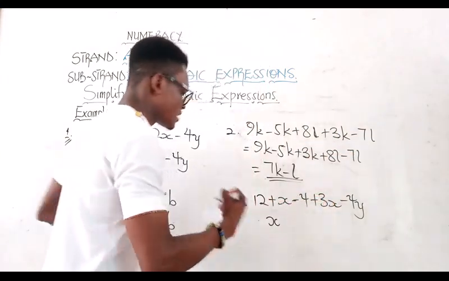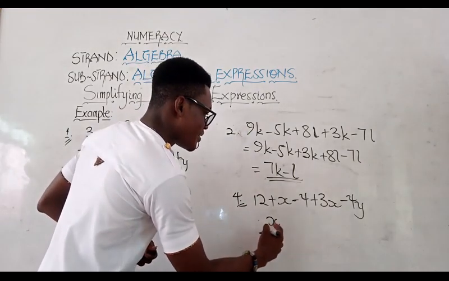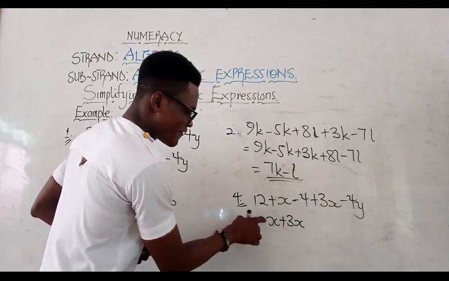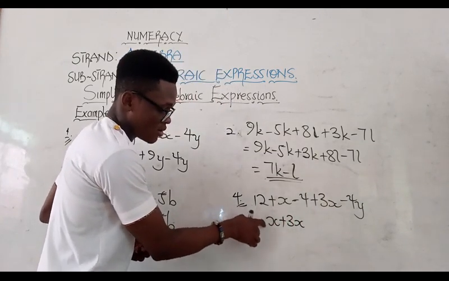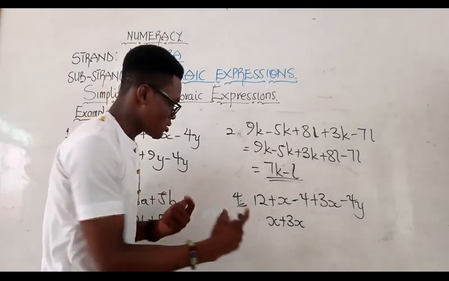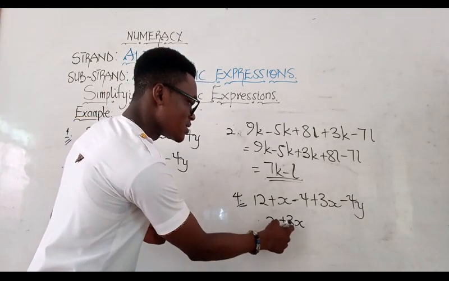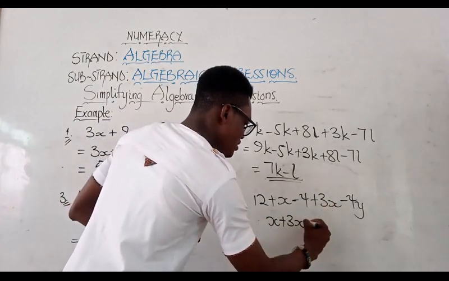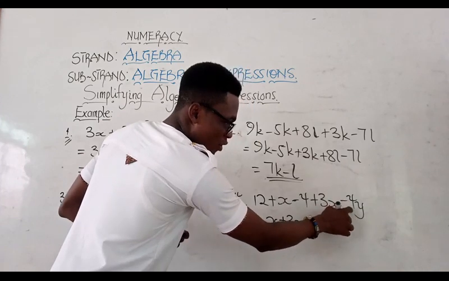Okay, so you have x. Is there any x value again? Yes, 3x plus 3x. There's an invisible one over here, you should bear in mind. Invisible means something that cannot be seen, right? So x plus 3x. Is there any other x value? No. You move on to y. So minus 4y, or negative 4y.